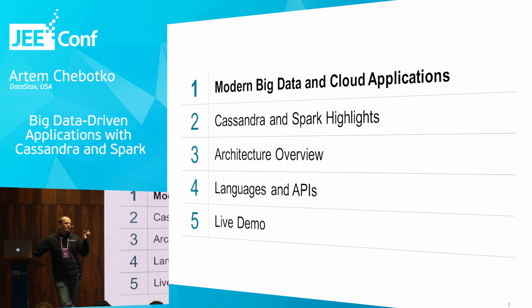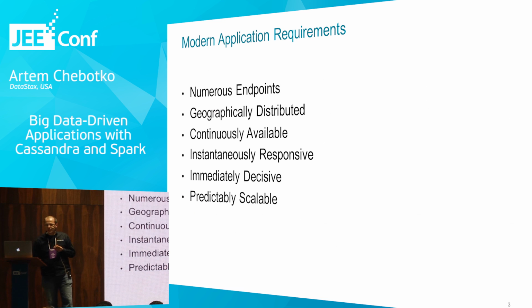And we will talk about the roles of Spark and Cassandra in fulfilling those requirements. Then I'm going to introduce you to Cassandra and Spark, give you a short overview, and we will talk more about architecture and languages and APIs that are used there. And I will primarily focus on writing code for accessing Cassandra from Spark. So essentially Spark Cassandra connector. And hopefully we'll have time for a brief demo.